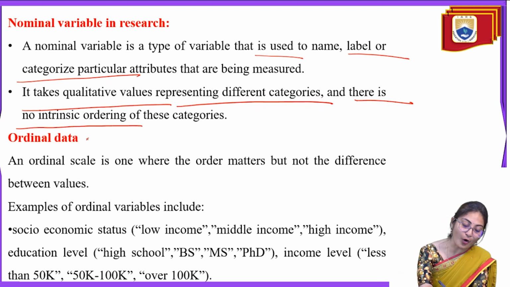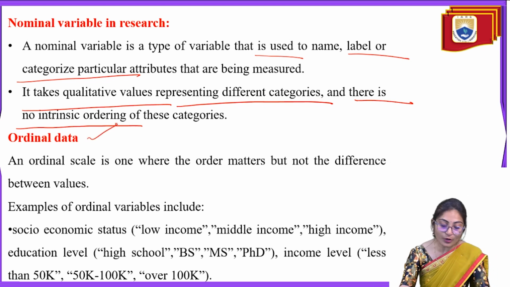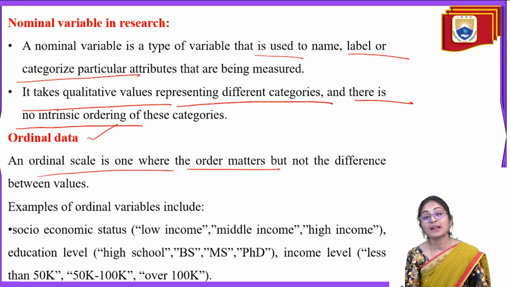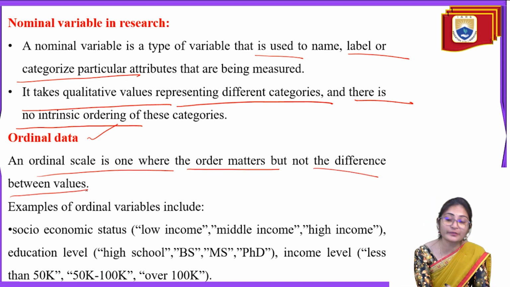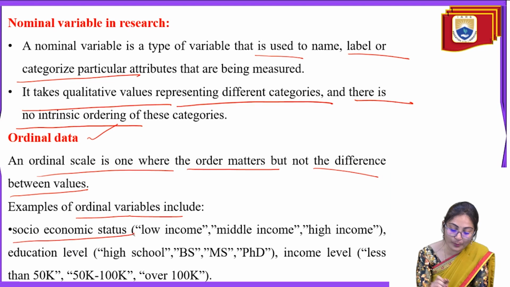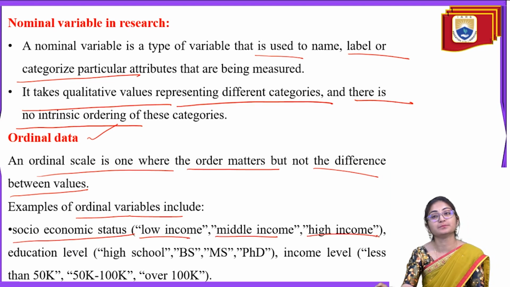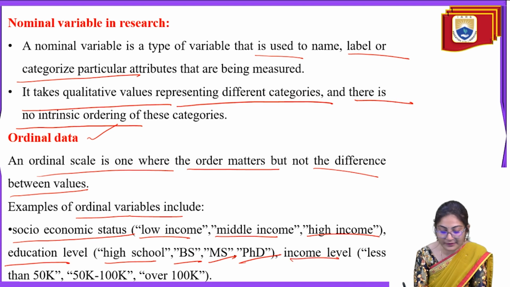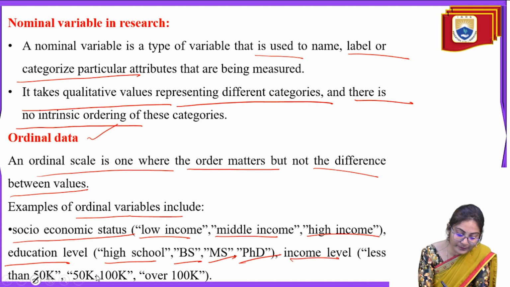The next one is ordinal data. An ordinal scale is one where the order matters but not the difference between the values. Examples of ordinal variables include socio-economic status: low income, middle income, high income; education level: high school, BS, MS, PhD; income level: less than 50k, 50k to 100k and over 100k.